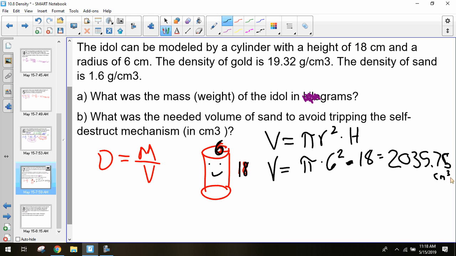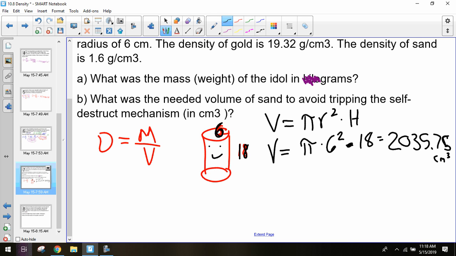That's going to be our V, or bottom part. We're still solving for mass, so we need to know that density. Do you know the density for the idol? Right, so the density of gold. It's a gold idol, so it's going to be the 19.32 equals our mass over our volume of 2,035.75.